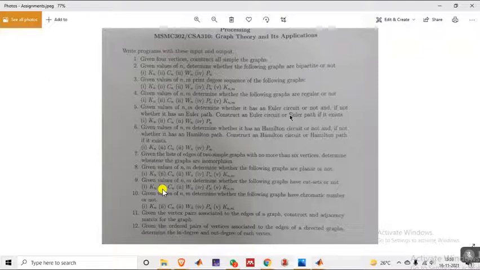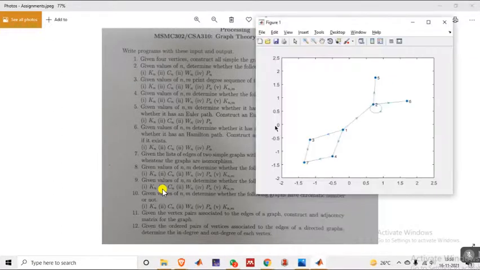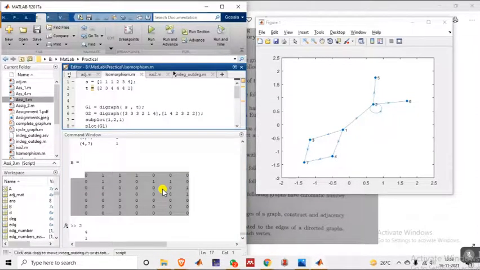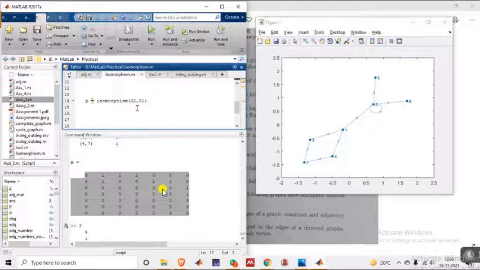Yeah, actually it will automatically show to check the circuit. Let me show the output of it. Isomorphism means if it is isomorphic only, it will show. Circuit means, for example, you can see this. There is a circuit between, sorry, I have to run the code now.